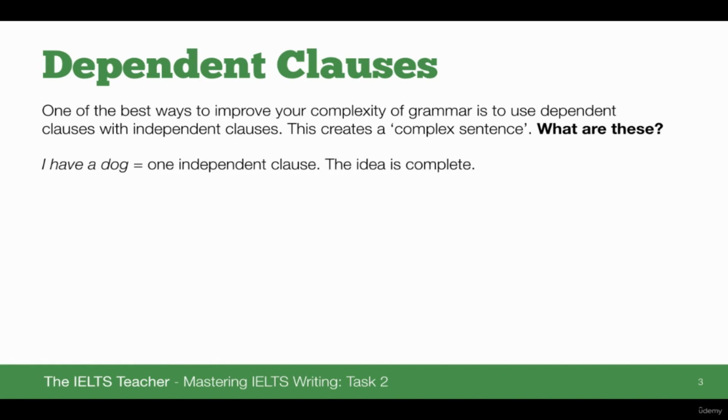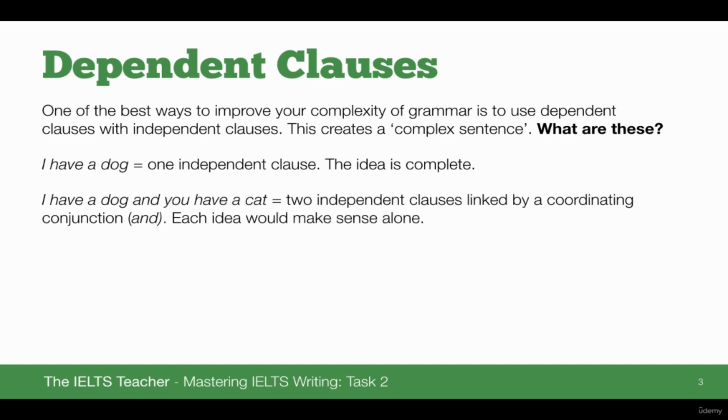This is one independent clause. The idea is complete. This is like the simple sentences we were looking at in the previous lecture. I have a dog and you have a cat. Here we have two independent clauses linked by a coordinating conjunction, which is and. Each idea would make sense alone. I have a dog, you have a cat. They both make sense, they're linked with and.